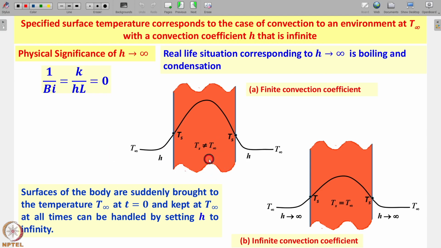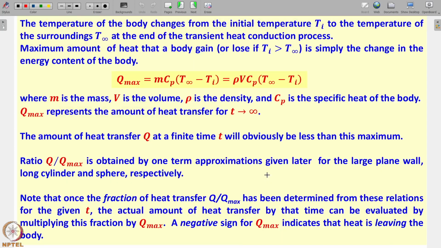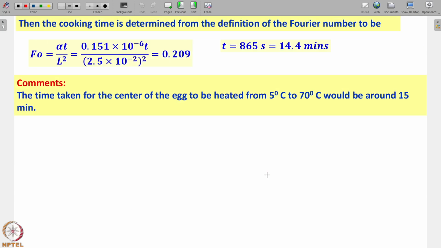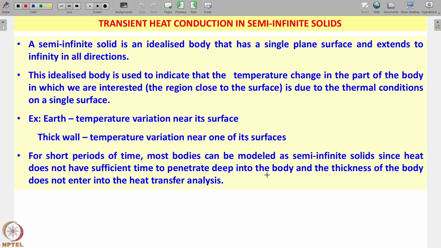I will explain in the next class in more detail the physical implication of Biot number infinite, and subsequent to that we will take up what is called transient heat conduction in semi-infinite solids.